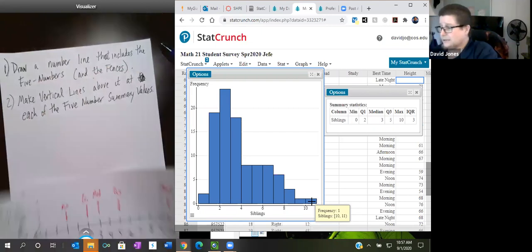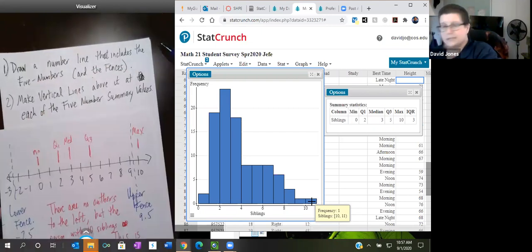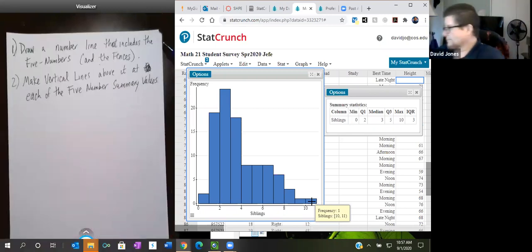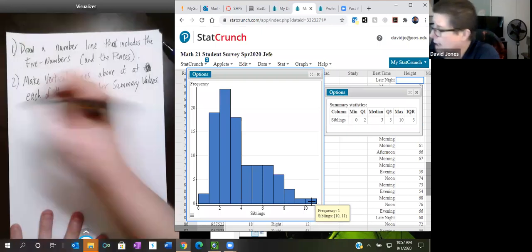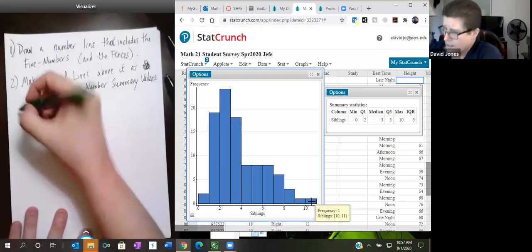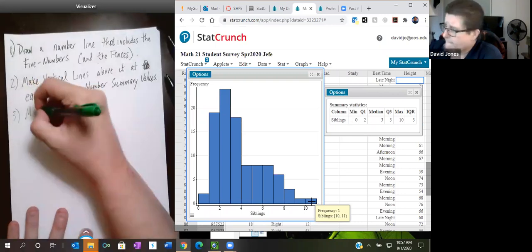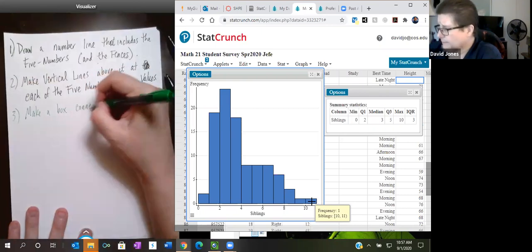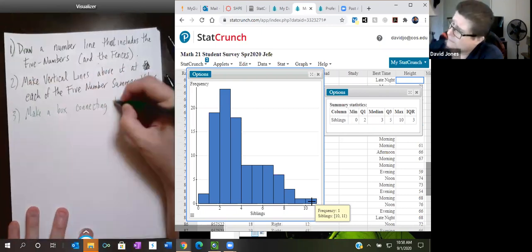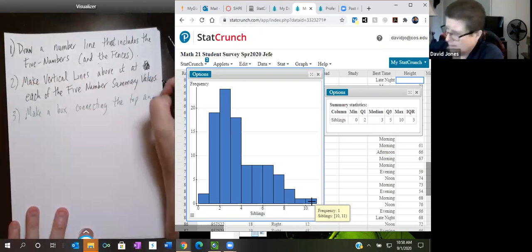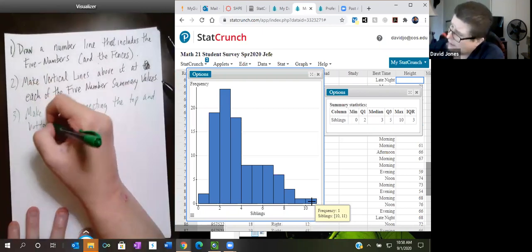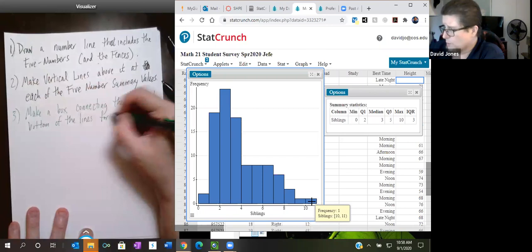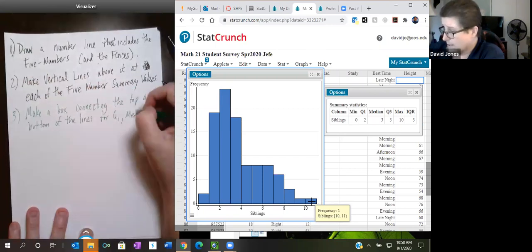So it's going to be similar to that when we do it here. And then what we're going to do is make a box connecting the top and bottom of the lines for Q1, median, and Q3.